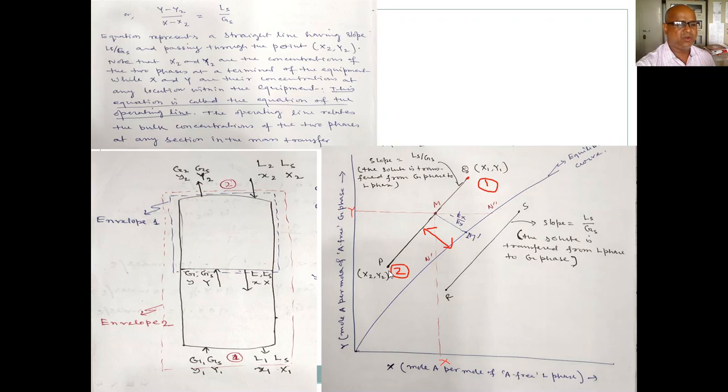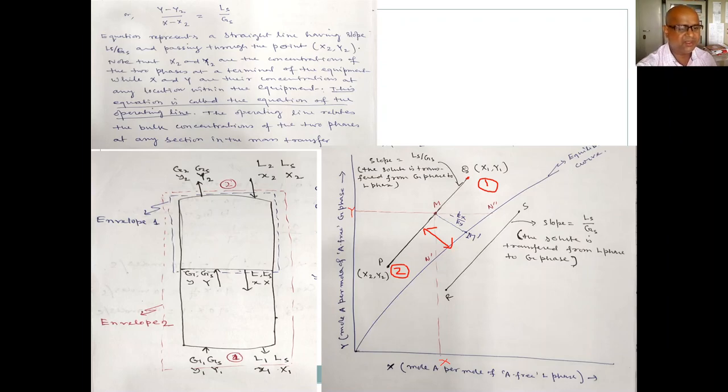Because this is point 1 and this is point 2, and you know the slope Ls by Gs will not change, so that slope will be constant. And this is your equilibrium curve, and the gap between the equilibrium curve and this operating curve will give you the driving force.